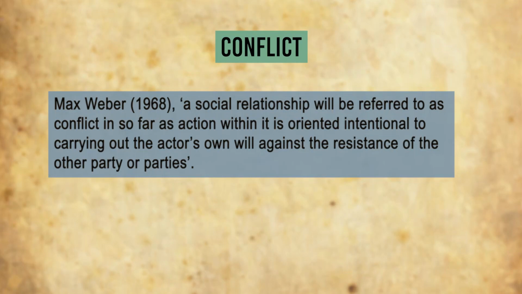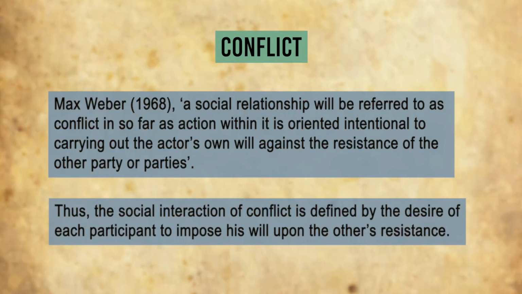In 1968, Max Weber says that a social relationship will be referred to as conflict insofar as action within it is oriented, intentional, to carrying out the actor's own will against the resistance of the other party or parties.